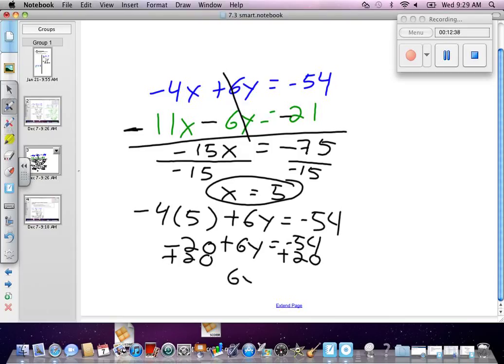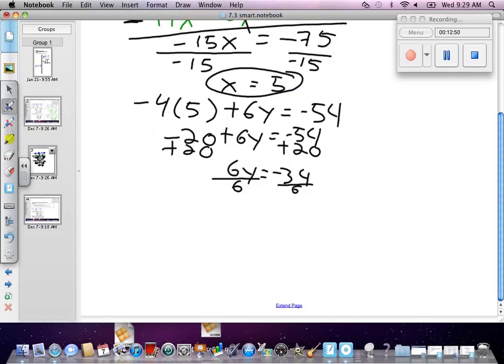I get 6y equals negative 34. Divide both sides by 6. Y equals. Is it going to be positive or negative? Negative, because it's a negative divided by a positive. And I'm going to get negative 5 and 2/3.